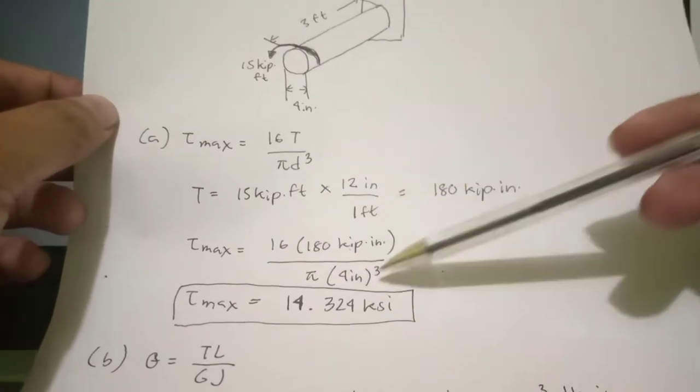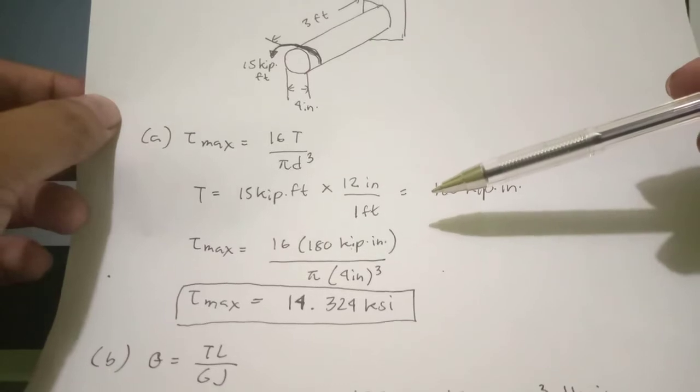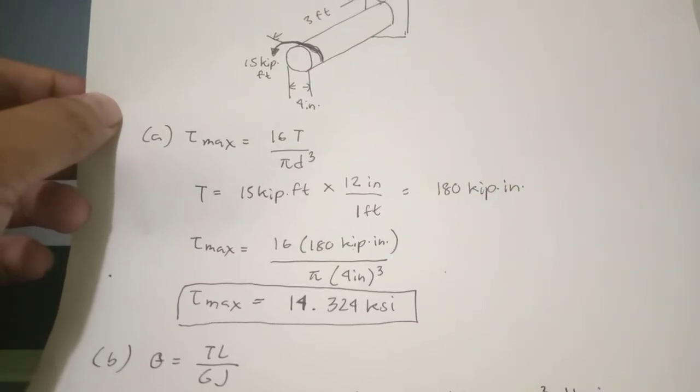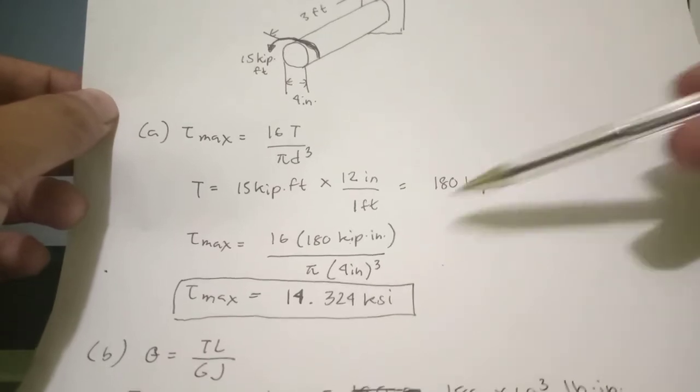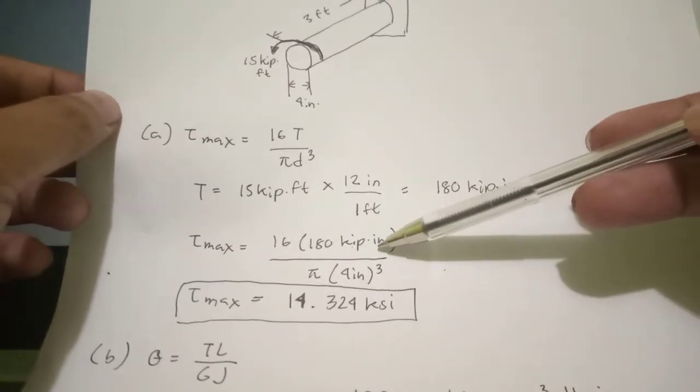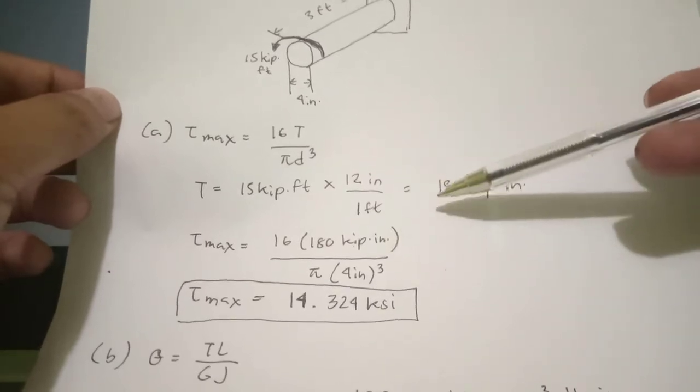Basically we cannot cancel out if the top will be kip-foot and then the diameter is in inch. Also, we cannot cancel out a foot with inch. So it needs to be uniform in a single unit, and I choose to convert every unit of length into inches.